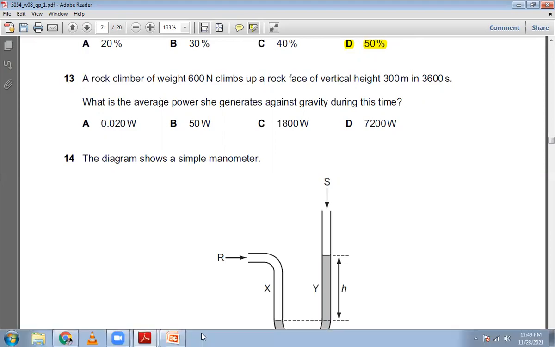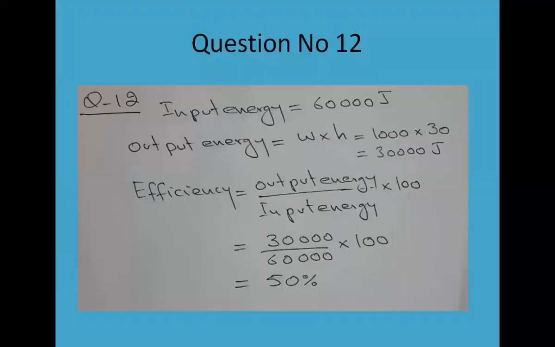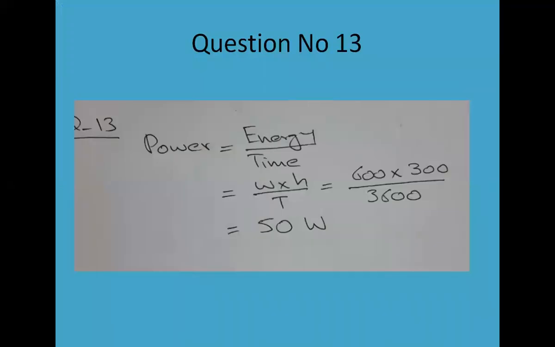Okay, so let me show you my work. I've done this on paper. So the power is equal to energy divided by time, because you are going vertically upward. The work done will be weight multiplied by vertical height, divided by time. So 600 Newton multiplied by 300 meters divided by 3600 seconds.